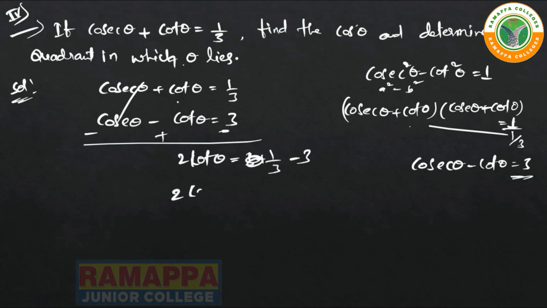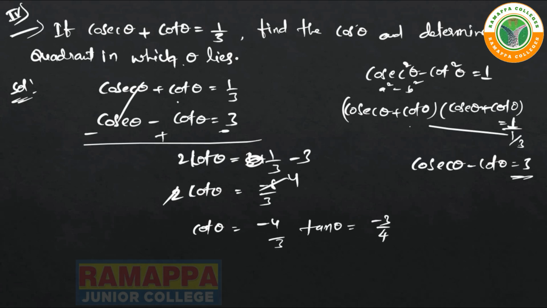So 2 cot theta is equal to, 3 threes are 9, 1 minus 9 is minus 8 by 3, so cot theta is equal to minus 4 by 3. We can also write it as tan theta is equal to minus 3 by 4.